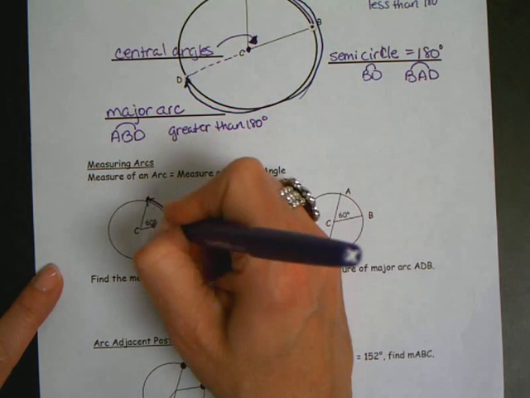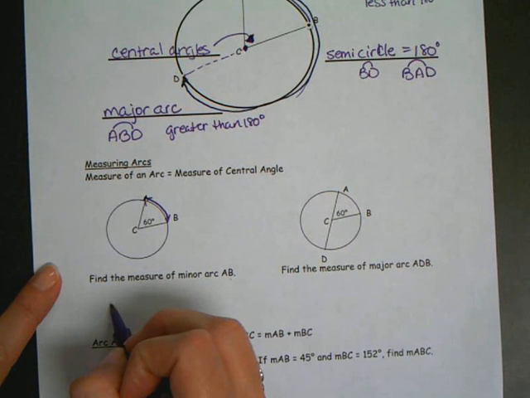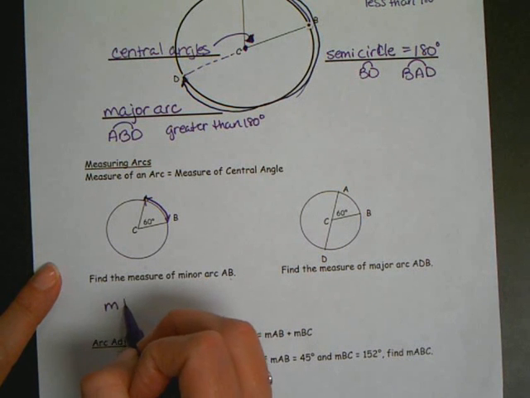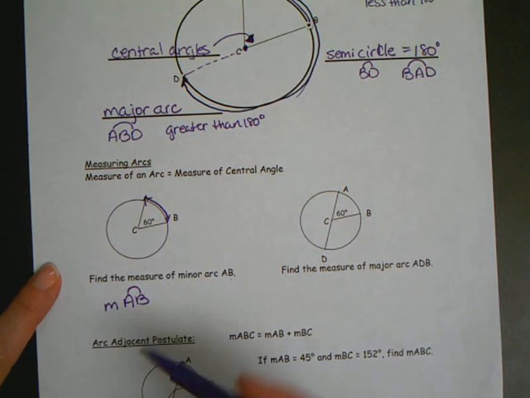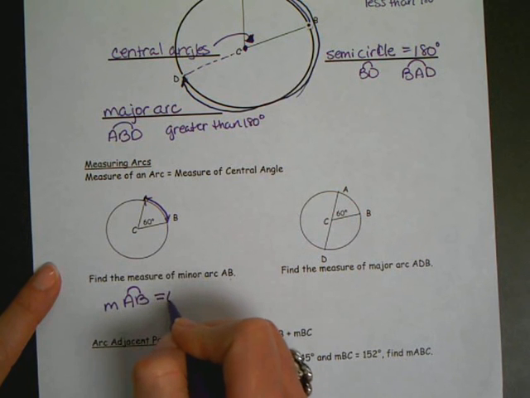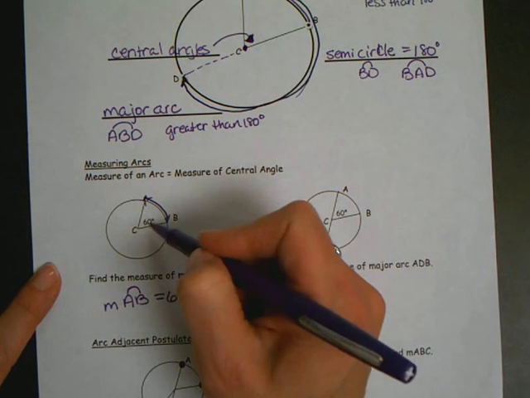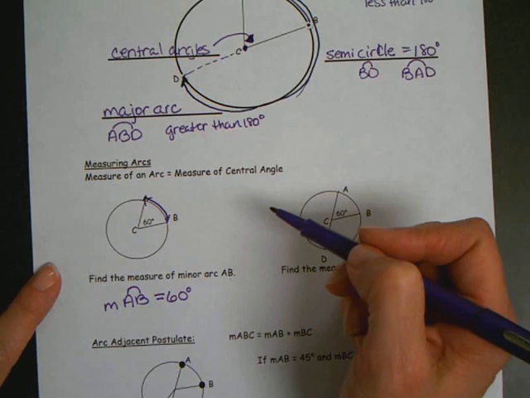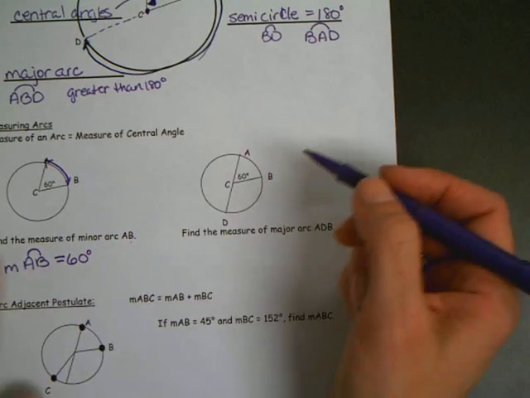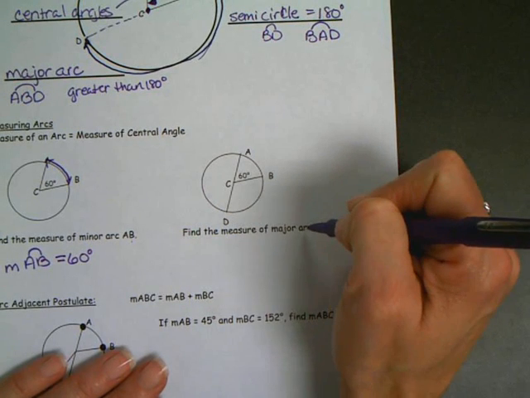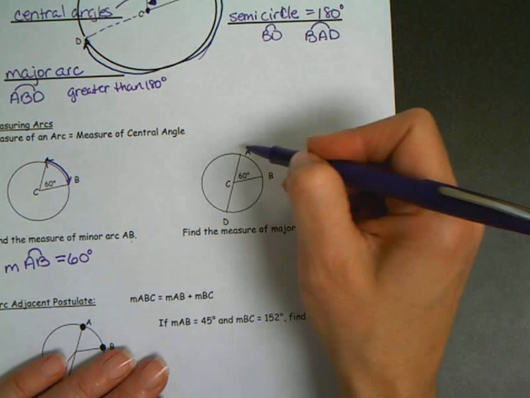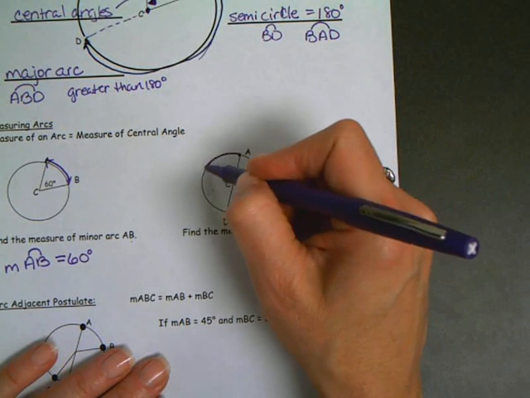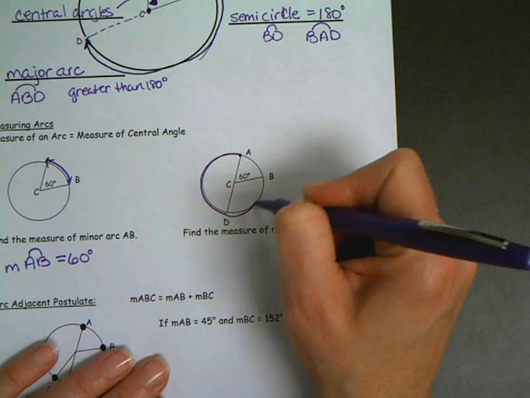So the measure of arc AB, M is for measure, just like when we have the M in front of an angle when we're naming the degree of an angle. The measure of arc AB is equal to 60 degrees because that's the central angle that intersects it. Over here, it says find the measure of major arc ADB. Well, I start with the letter A, I go around to D, and then to B. Go around in the order that it is listed.